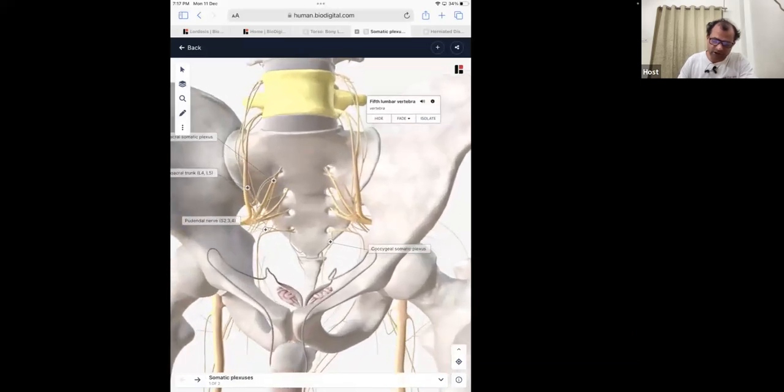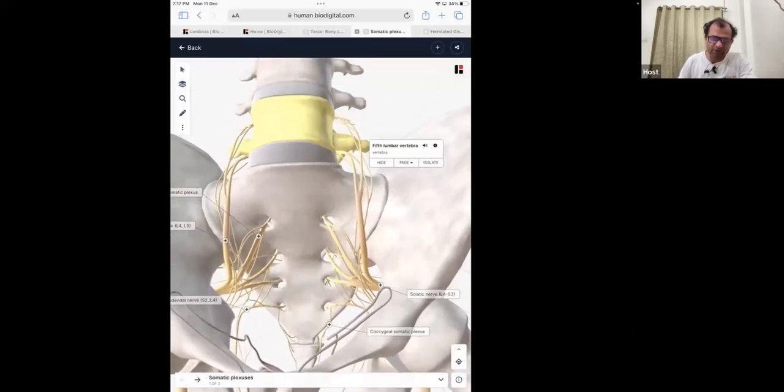Then from these sacral holes, foramina, nerves are coming. Multiple nerves are coming. So a problem anywhere will cause nerve compression.